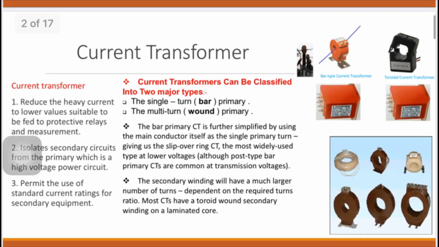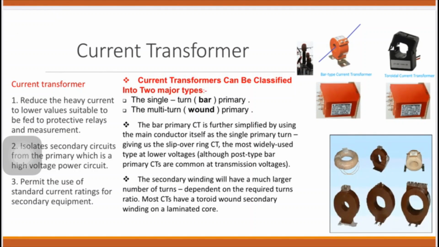Normally we measure current by connecting an ammeter in series. But in the case of high voltage, the meters available in the market and in industry are not suitable to measure high current or high voltage directly.